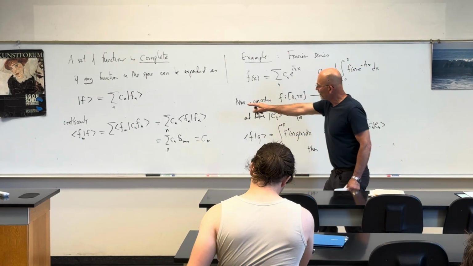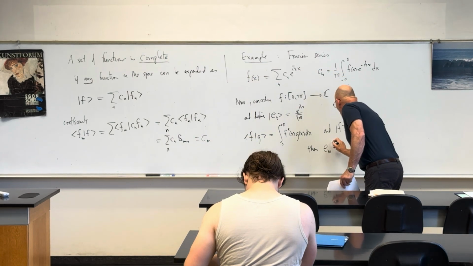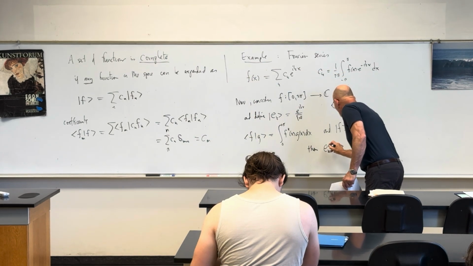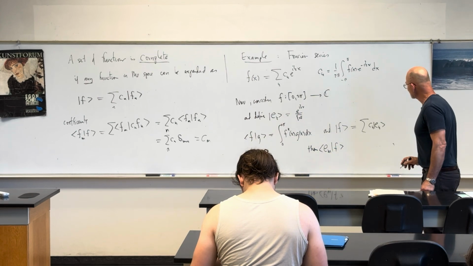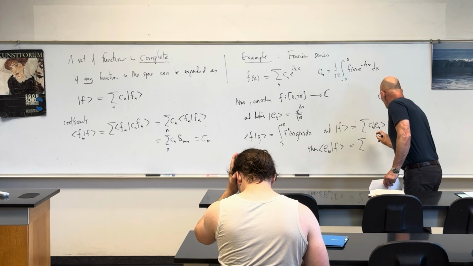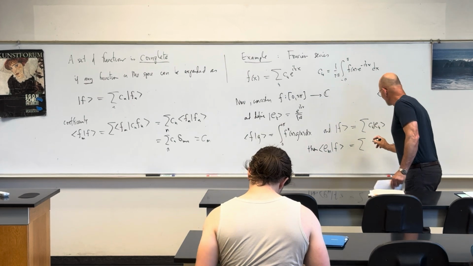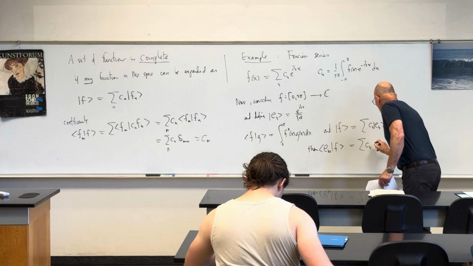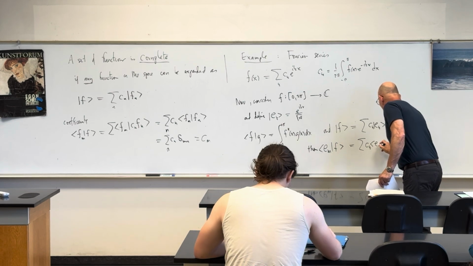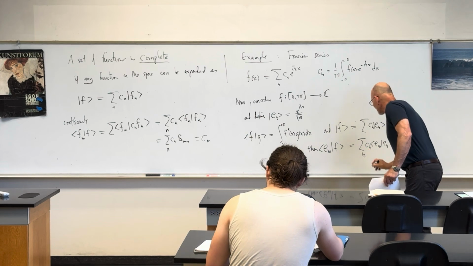I'm just going to repeat what I have over there. Then the scalar product e sub m with f is going to be the sum over k of c sub k e sub m e sub k, same step I did over there.